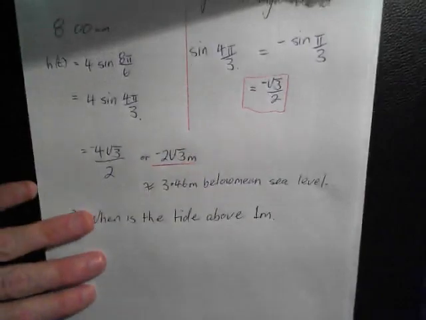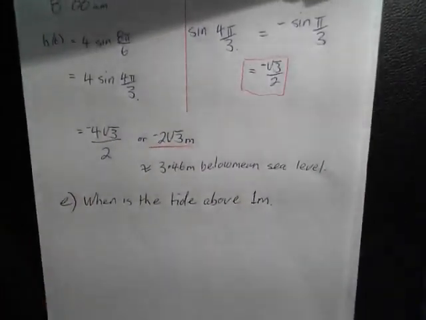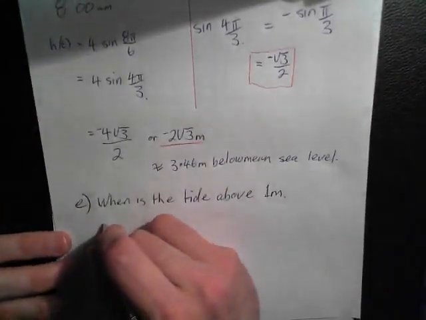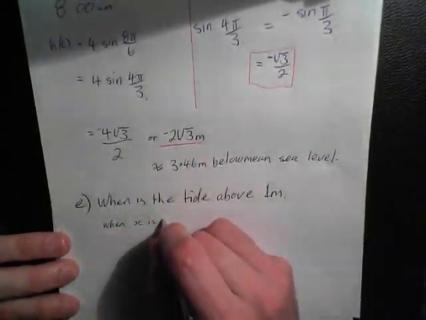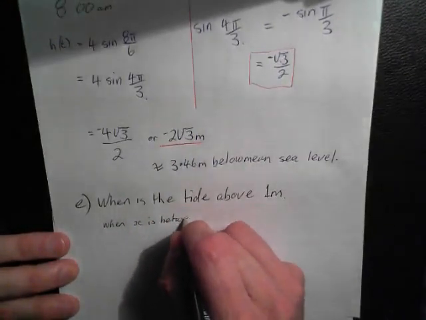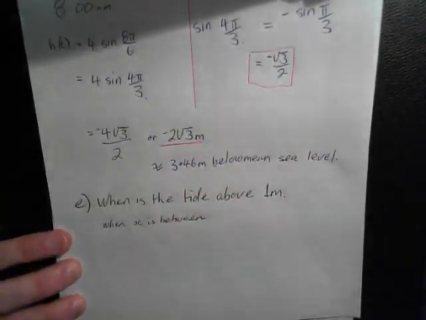Okay, so when is the tide above 1 meters? It's between x equals, when x is between... it turned off.